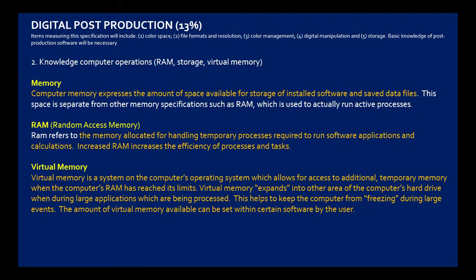It's just a storage place. RAM, on the other hand, known as random access memory, is the memory allocated for handling temporary processes required to run the software and applications and calculations. Increased RAM increases the efficiency of processes and tasks that the computer handles.